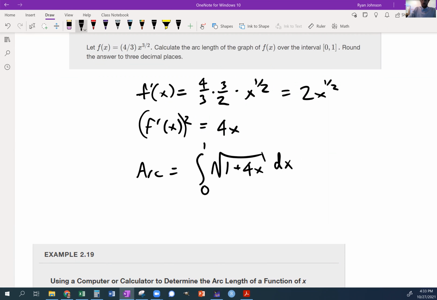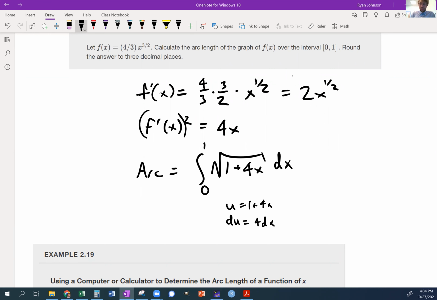So we'll do u is 1 plus 4x. I'm sitting in a place where it's hard to write, so let me try for better handwriting. u equals 1 plus 4x, which means that du is 4 dx.